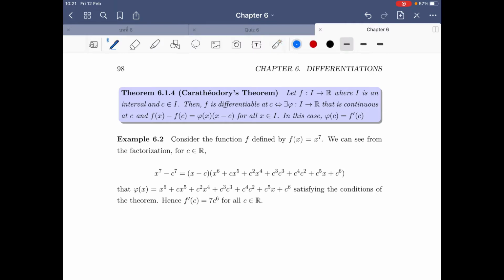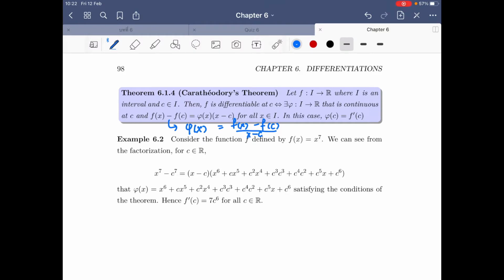Actually, roughly speaking, it seems that your phi is f(x) subtract f(c) over x minus c. So roughly speaking, phi(x) almost looks like the quotient that determines your f prime, right?